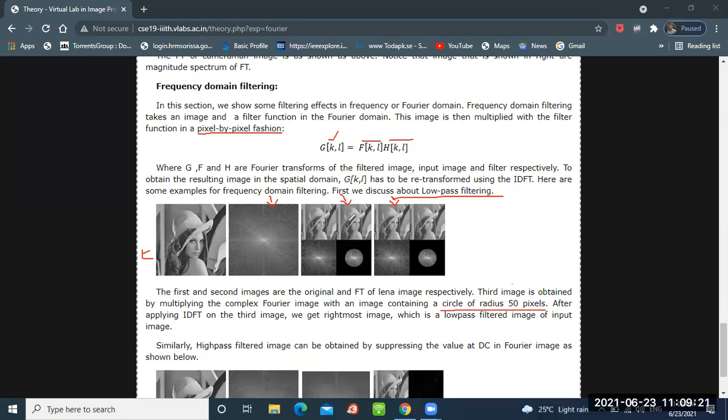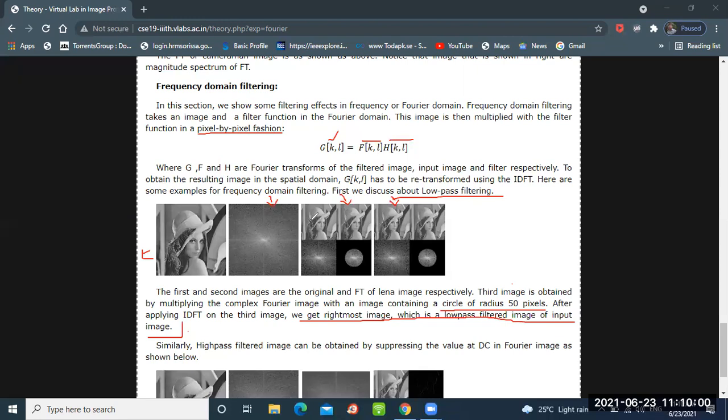So how do we obtain this image? We multiply this image with an image containing a circle of radius 50 pixels. After applying the IDFT on the third image, we get the rightmost image, which is the low pass filter image for the given image. So originally this is the DFT, and I have multiplied a circle of radius 50 pixels image with my original image.